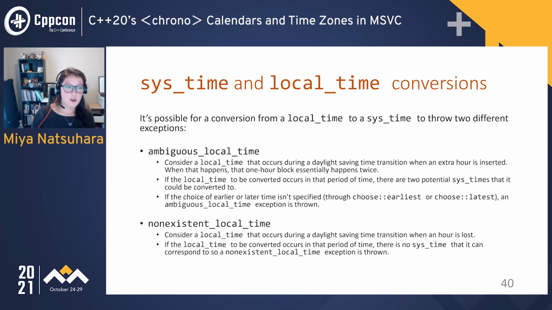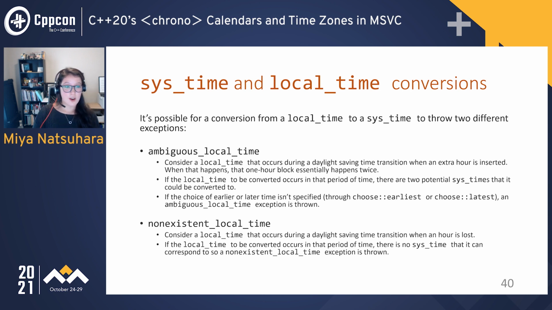So if the local time that you're asking for, like 2:30 a.m., happens in that period of time, that period of time kind of happens twice. So there could be the first time you went through it or the second time, that's that hour that got inserted. So unless you specify, there's an enum choose in the chrono header as well now that says, do you want the earlier version or the later version? If you don't specify that, chrono's like, I don't know what you want, and it's going to throw this ambiguous local time exception.